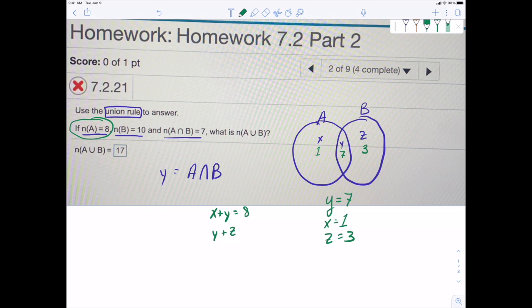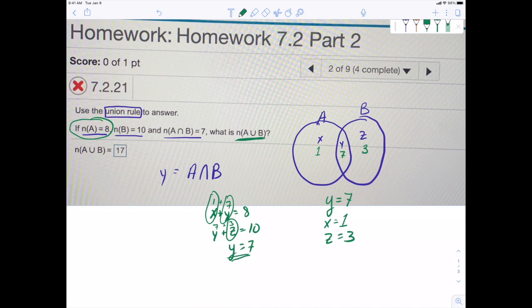Y plus Z equals 10, because Y plus Z is B. And we know that A intersects B is 7, so we know that Y equals 7. So if Y is 7, we can put a 7 here, so we know that X must be 1. And if we put a 7 here, we know that Z must be 3 to make 10. So that's another way to do it. X is 1, Y is 7, and Z is 3.